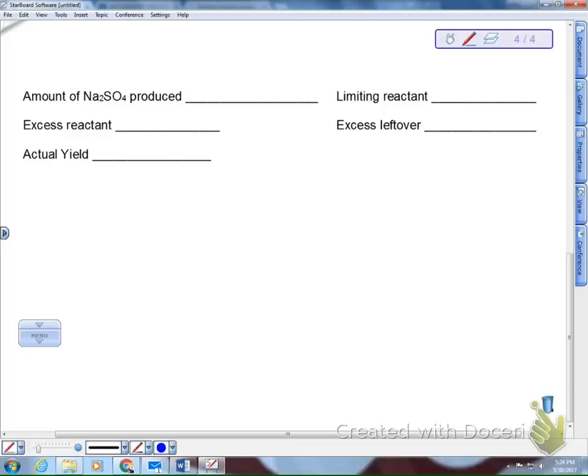And the last piece here, problem number 4. A little bit harder to balance, if you want to use the word hard. Your coefficients were 6, 1, 3, and 2. And when you're doing stoich, obviously your coefficients are a pretty big deal. Your limiting reactant was the iron 3 sulfate.